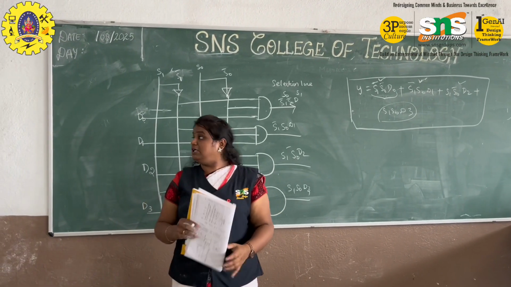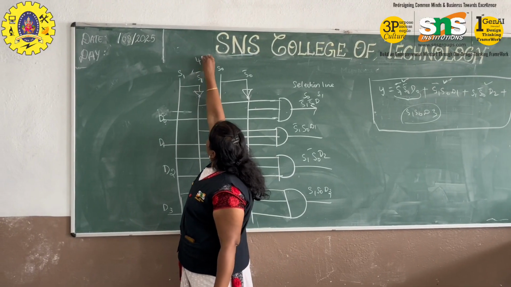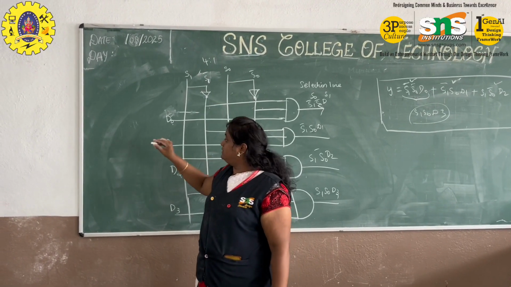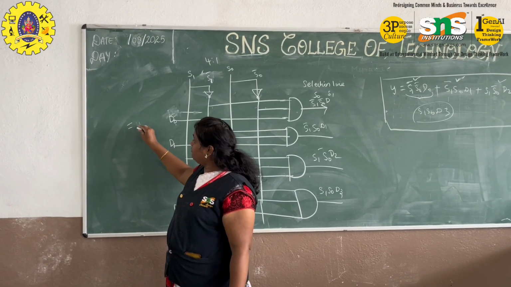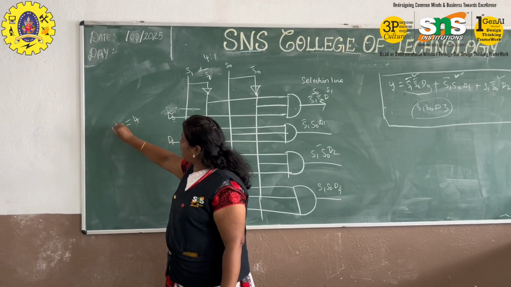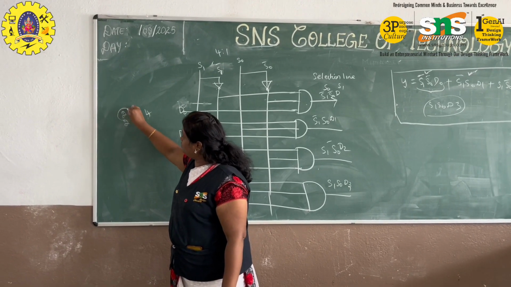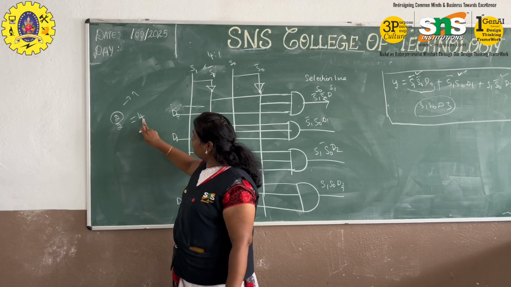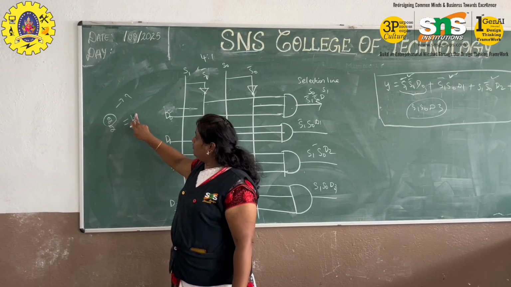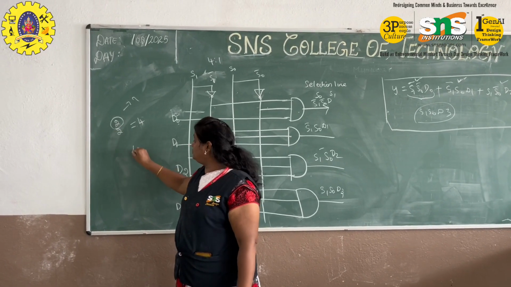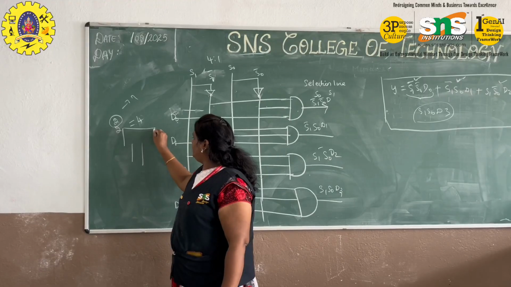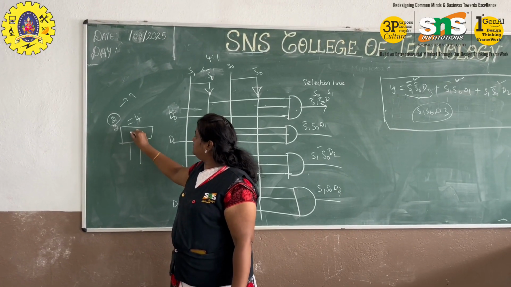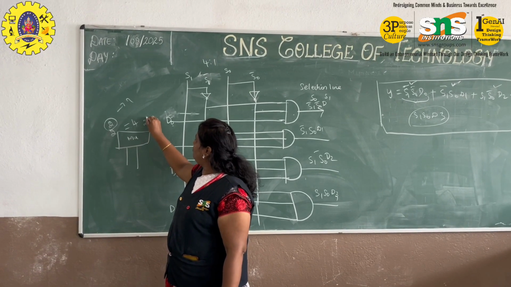This type of multiplexer is called a 4:1 multiplexer. How do we get this? If I want 4 inputs, we have to use two selection lines. The formula is 2 power n.